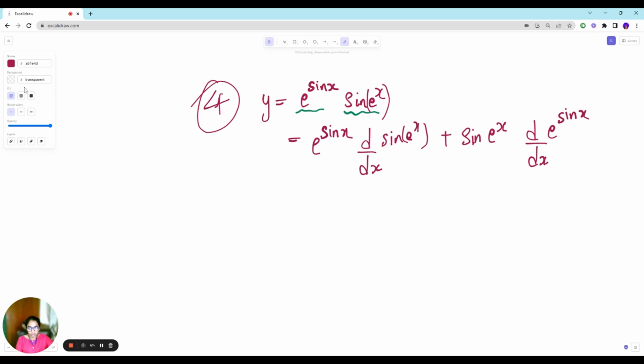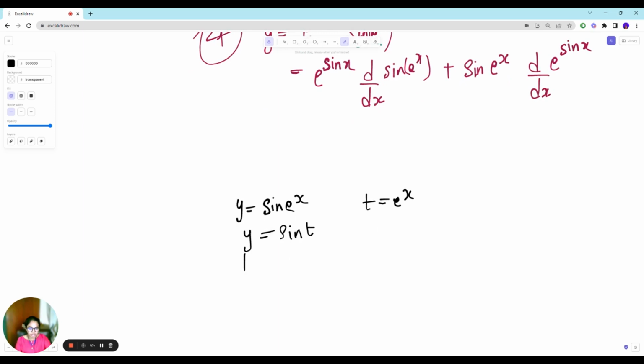Now for each term I would have to apply the chain rule. So let me write down here. Suppose y is equal to sine e power x. I'll take t is equal to e power x. So y is equal to sine t. Now what is dy by dt?